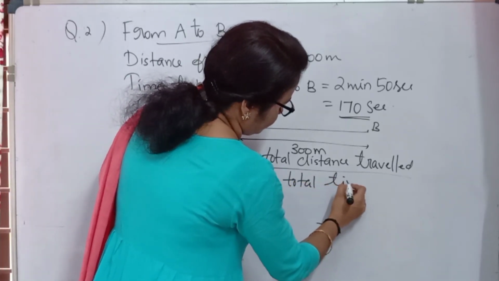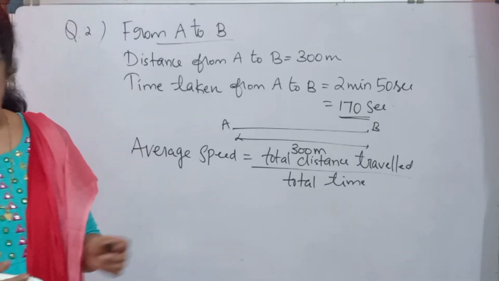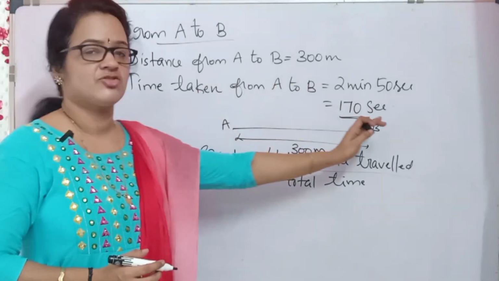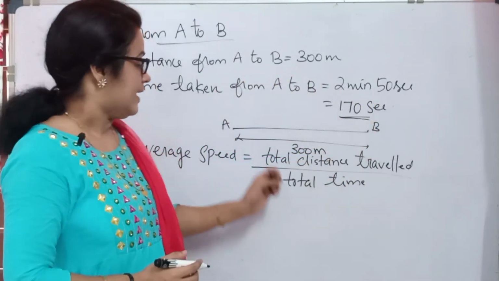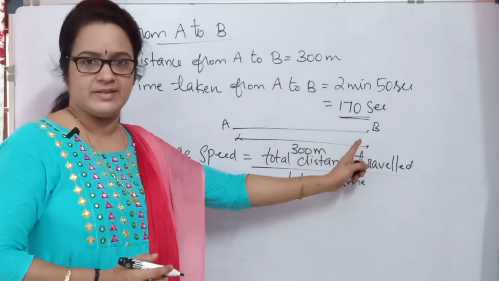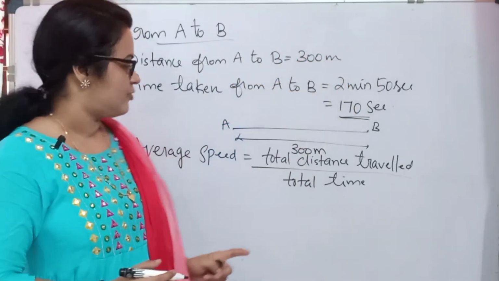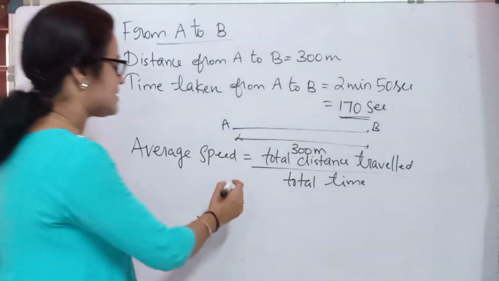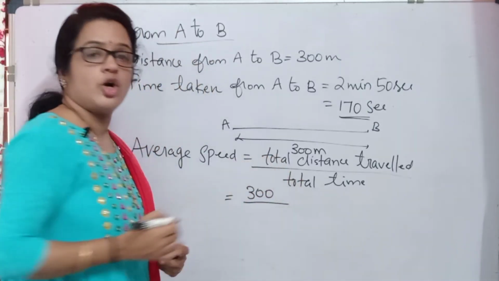Okay, so here, what will be the total distance traveled? How much distance is he traveling from A to B? He is traveling 300 meters. Okay, so the distance from A to B is 300 meters. So we can write the total distance as 300 divided by, we have to find the total time.